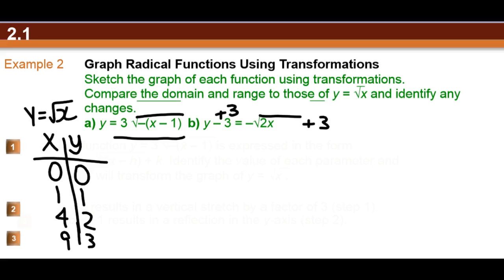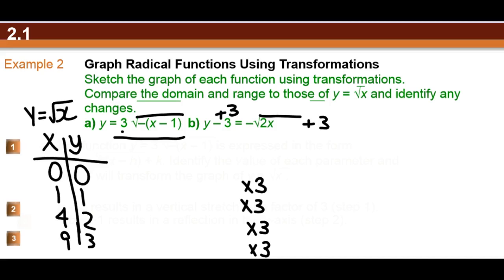Okay, so in this situation, what's that 3 there? Okay, so I'm going to do what? Y's by 3. Okay, so I'm timesing all my x's by 3.